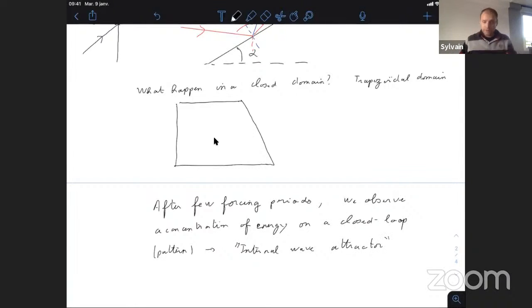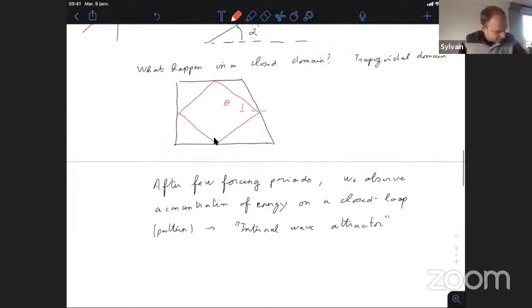And it has some properties that are very interesting from an experimental and theoretical point of view. This is typically a pattern like that, with theta just defined.